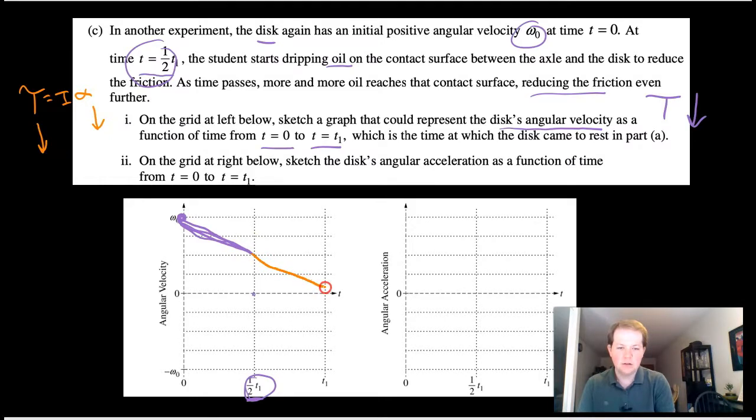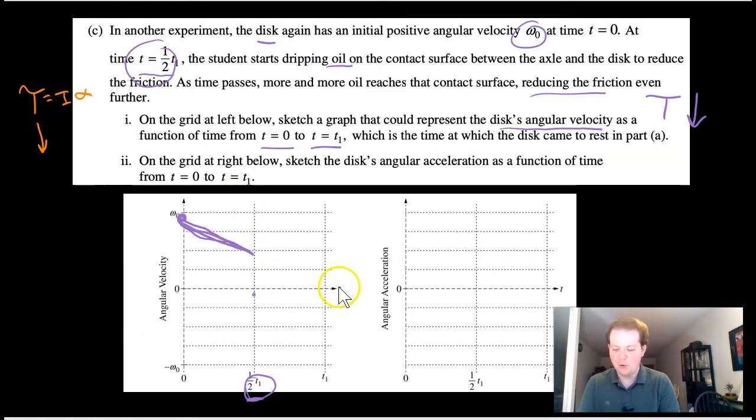until, wait a minute, does it say it stops at t1 again? Because if it stops at t1, what's happening? If it stops at t1, come on, document. Hold on, I'm going to pause. Okay, sorry, I had to pause because I was having some technical difficulties.